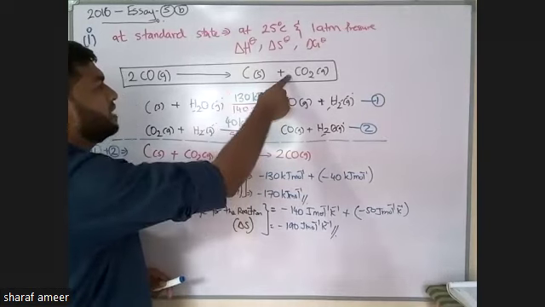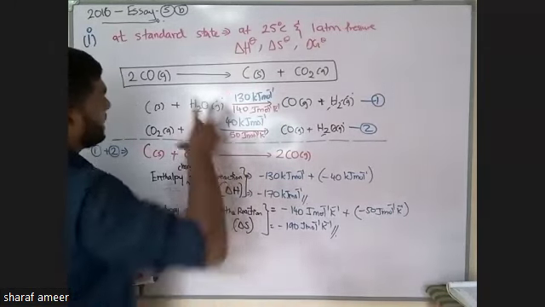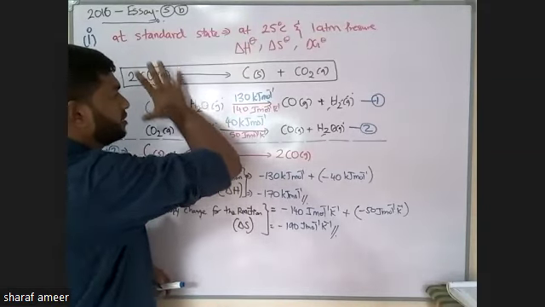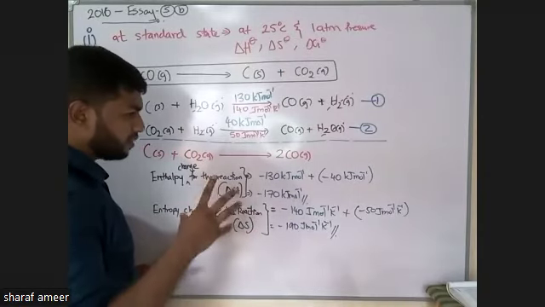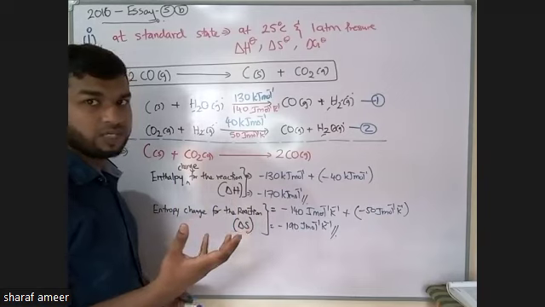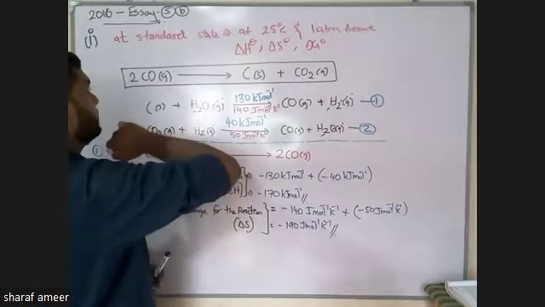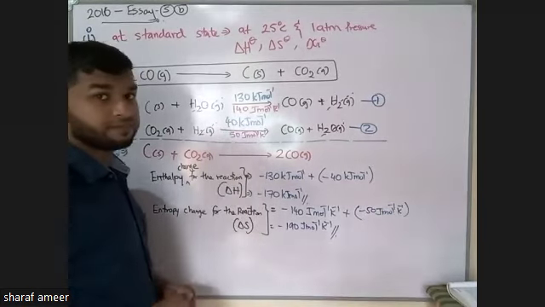Then the rest of them will come for the carbon dioxide. So initially we had a huge number of gaseous substances, and during the reaction it got reduced. So when there's a reduction in the number of moles and there's a change in state also, therefore the entropy becomes negative.